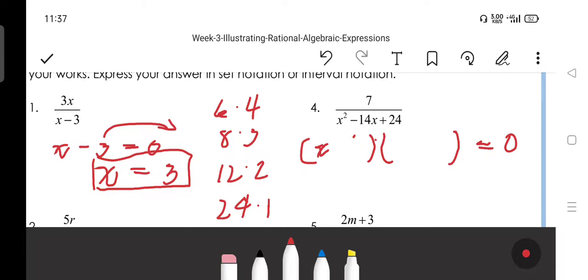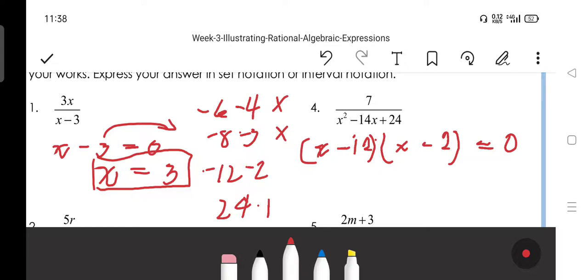Negative 6 plus negative 4 is negative 10. It will never be negative 14, so not possible. 8 and 3 gives negative 11, so not possible as well. 12 and 2, both negative, is correct. Negative 12 and negative 2 when added is negative 14. So we have negative 12 and negative 2.